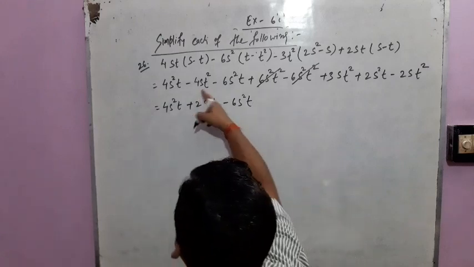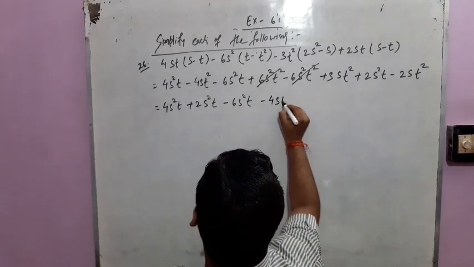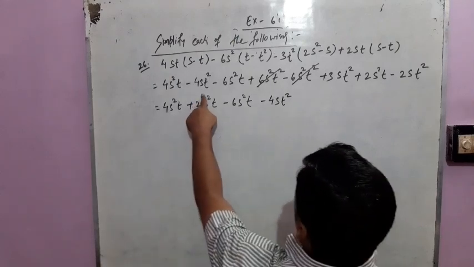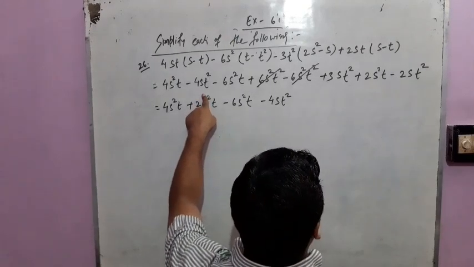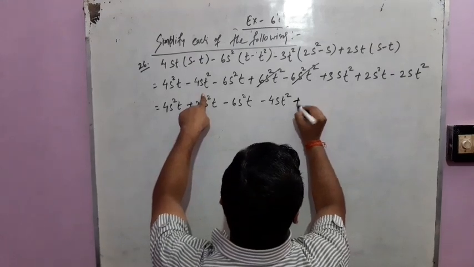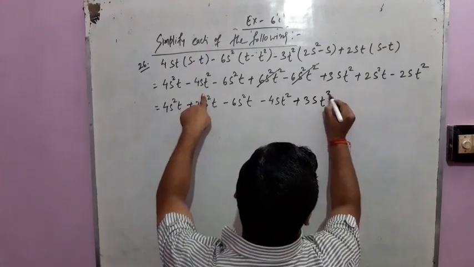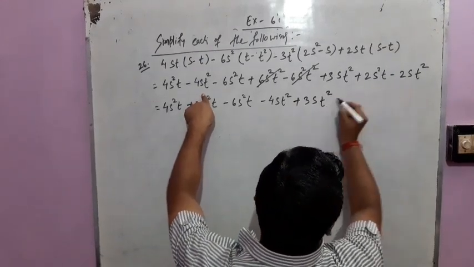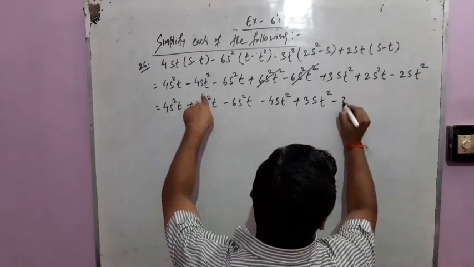Now minus 4s t square. Again the terms related with s t square we have to write here, plus 3s t square and here also minus 2s t square.